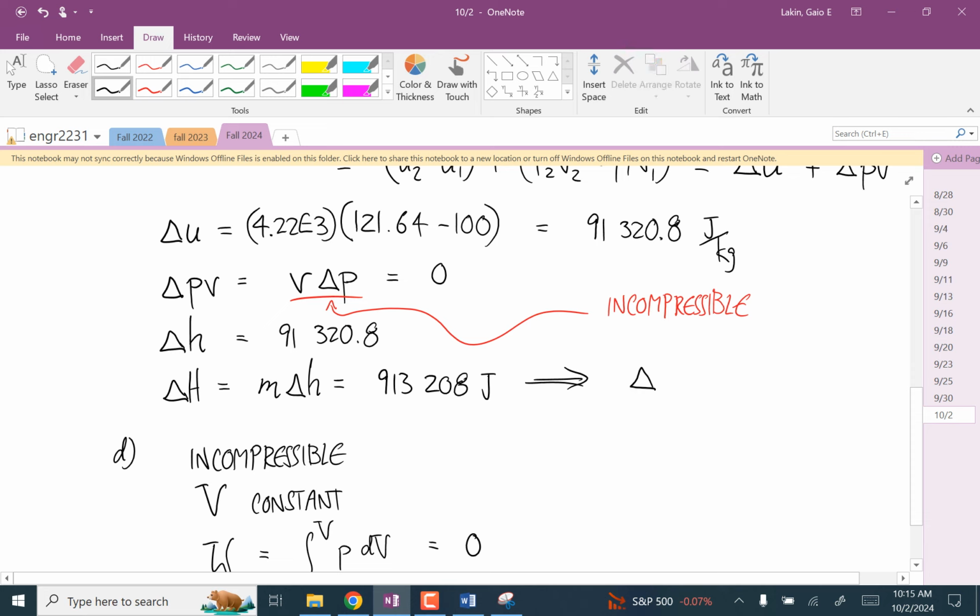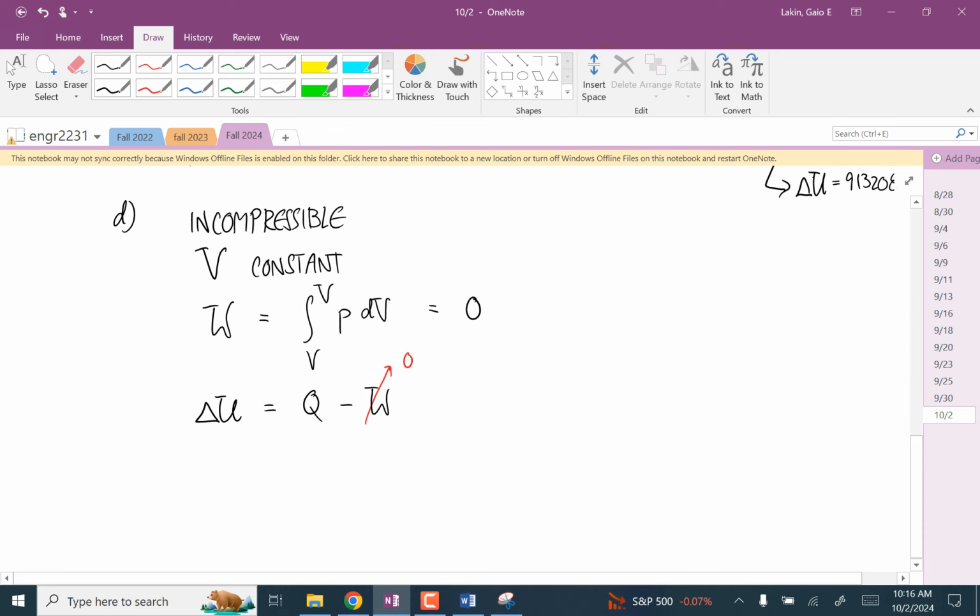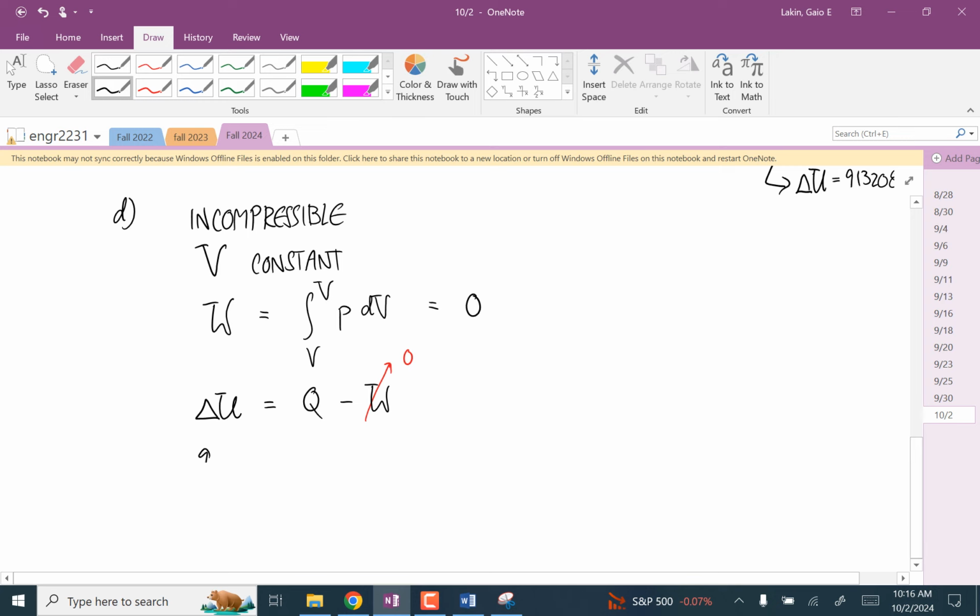So let's just go from here. The change in extensive internal energy is 913,208, and so we have 913,208 joules is equal to Q.